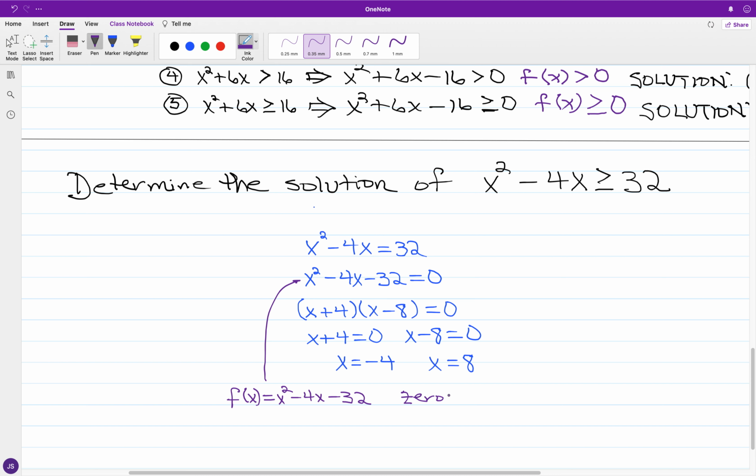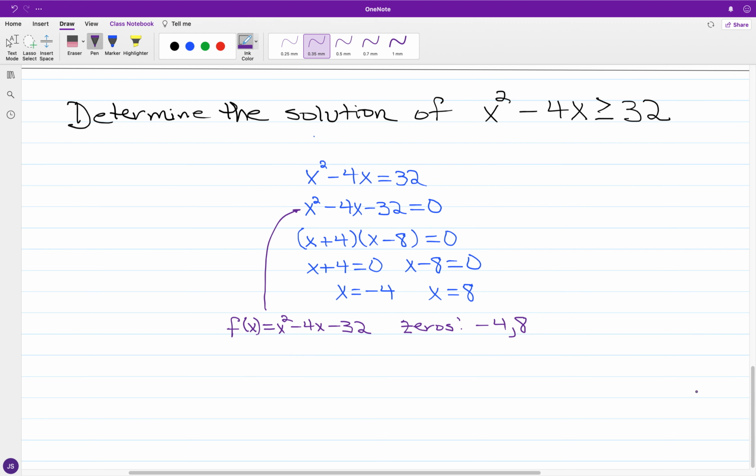Again, the solutions in x are going to be the zeros, so we have negative 4 and positive 8. And just setting up a table with intervals, you have the zeros at negative 4 and 8, and negative 4 is the smaller of the zeros.